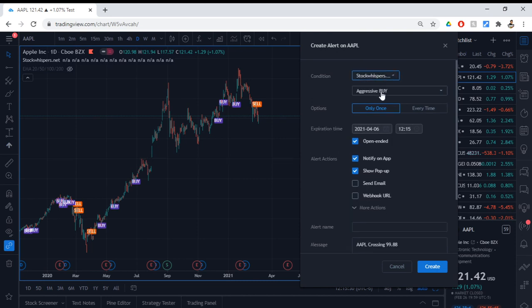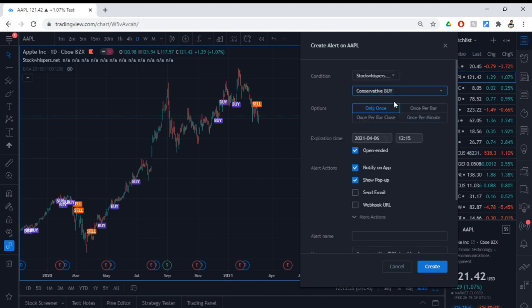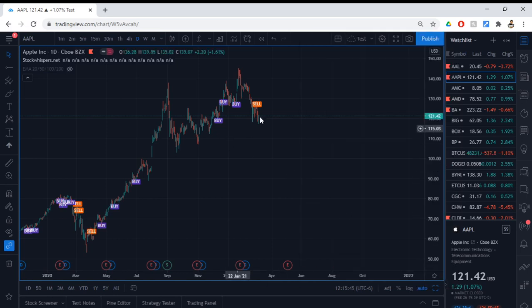So condition, stock whispers, conservative buy or conservative sell, whatever you're trying to do. Once per bar closed, expiration time open-ended, then you create it, boom. Next time a sell signal is going to show up on Apple on the daily chart, you'll be notified and you can look at it then.